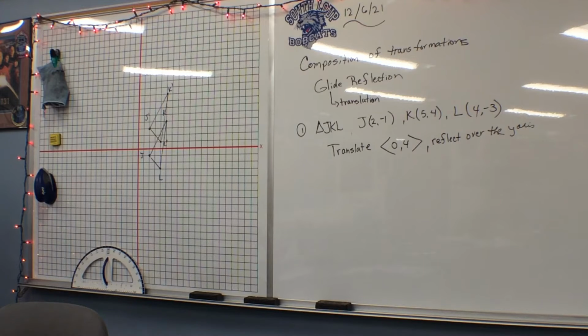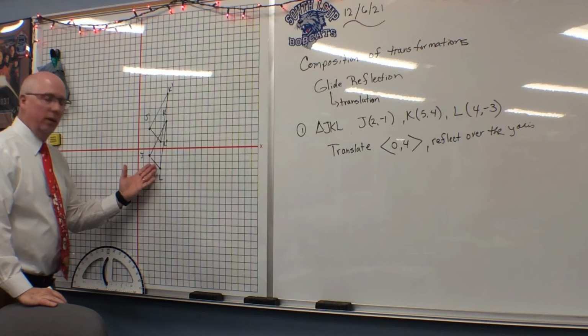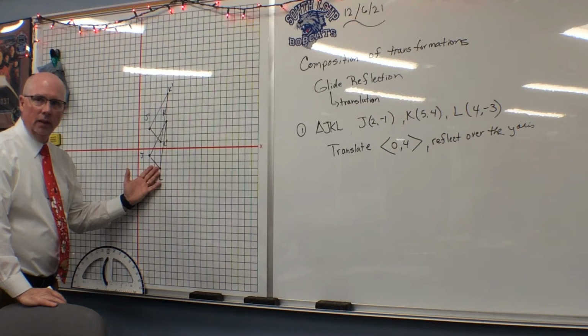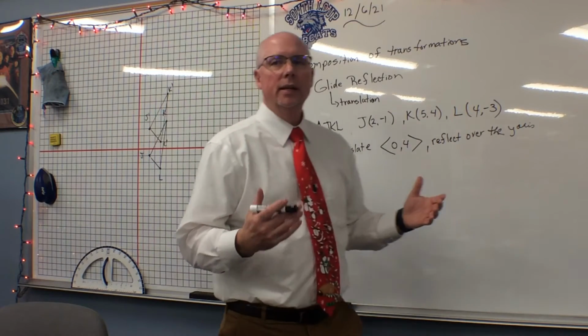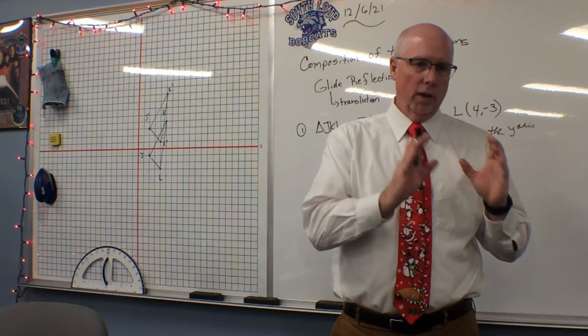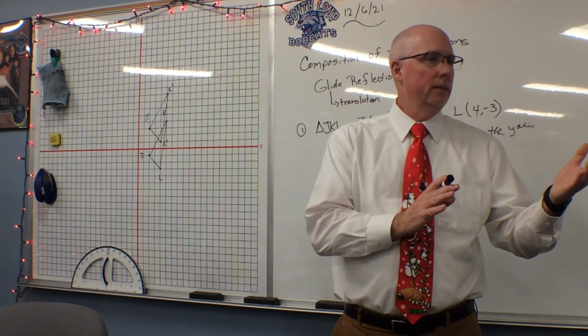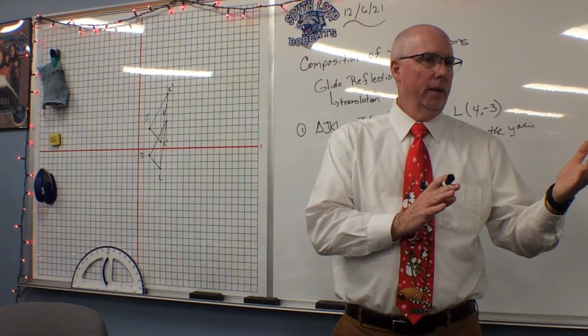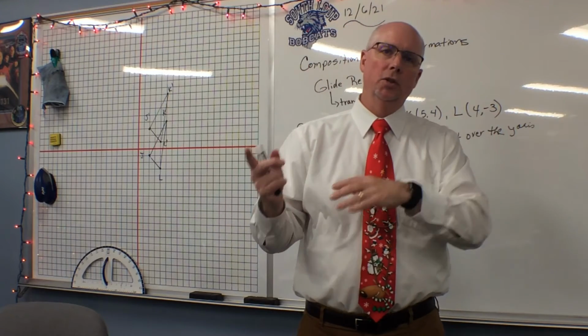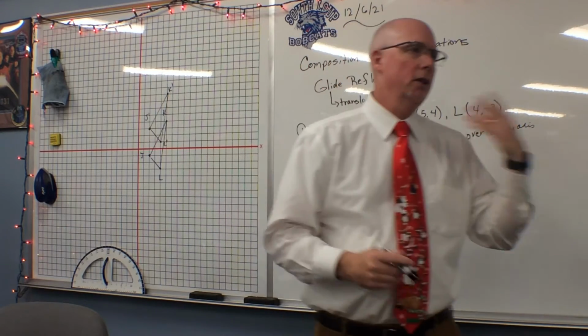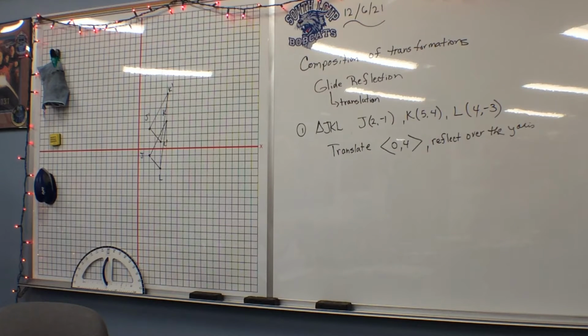Now we reflect it over the y-axis. We do not reflect the original. Okay? On a test or a quiz, if I have a triangle and I say do this to it, okay, in one question, then I say, okay, do this to it, you go back to the original and do it, right? So if I said in question 1, would you reflect this over the y-axis?